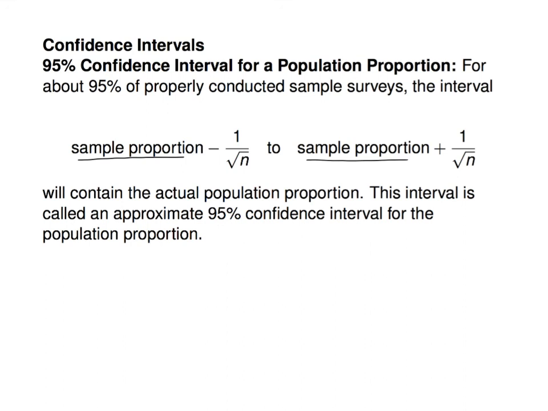That's called a 95% confidence interval for the population proportion. So what this is saying is that if you do many samples, 95% of them are going to contain the actual value of that proportion.